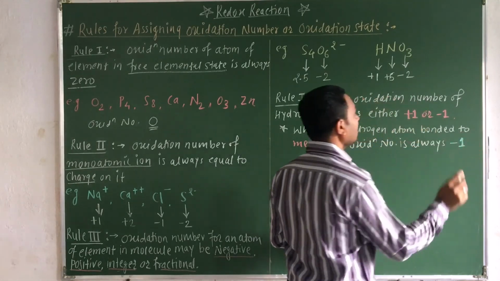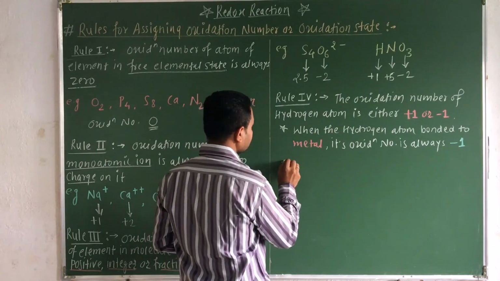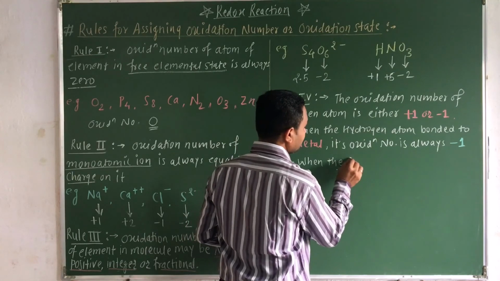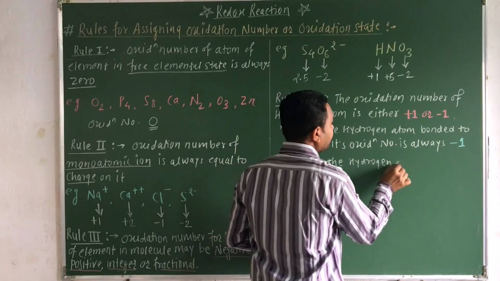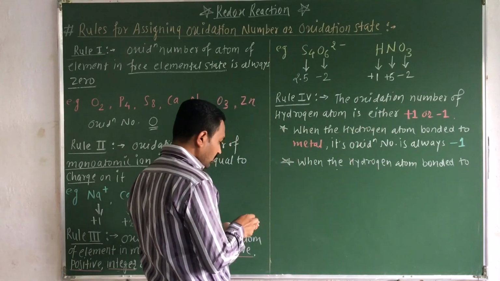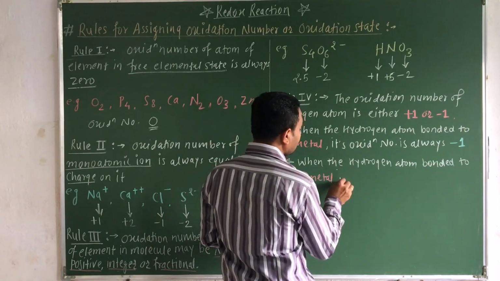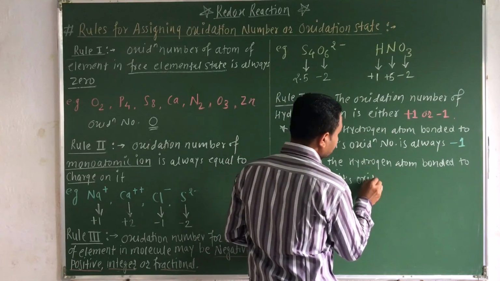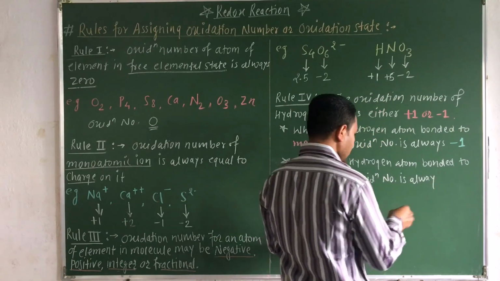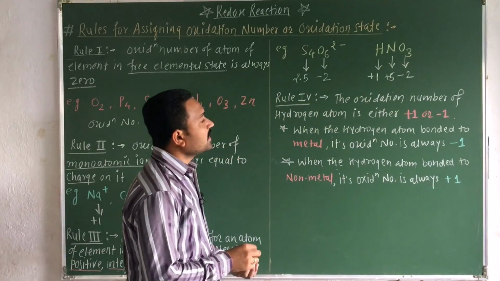And now next, when the hydrogen atom is bonded to non-metal, its oxidation number is always +1. Okay, so this is again a very simple rule.